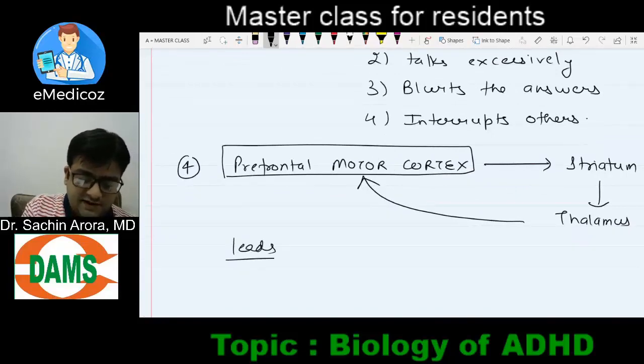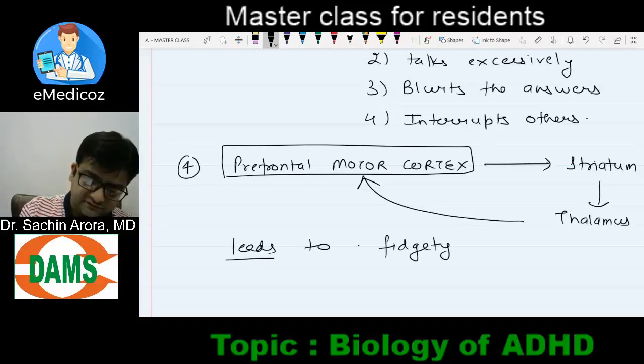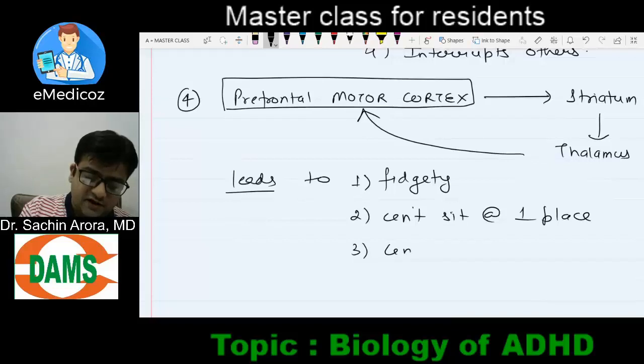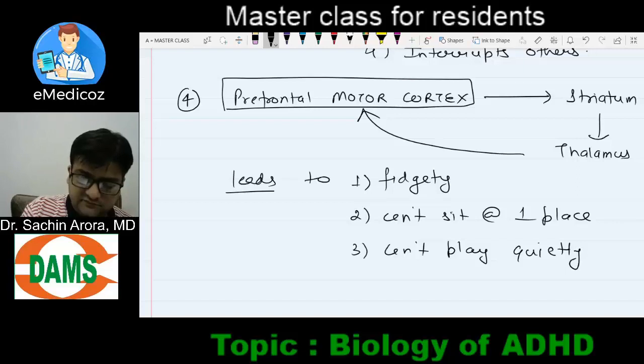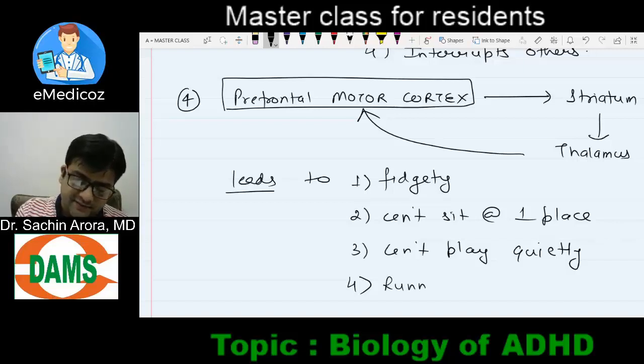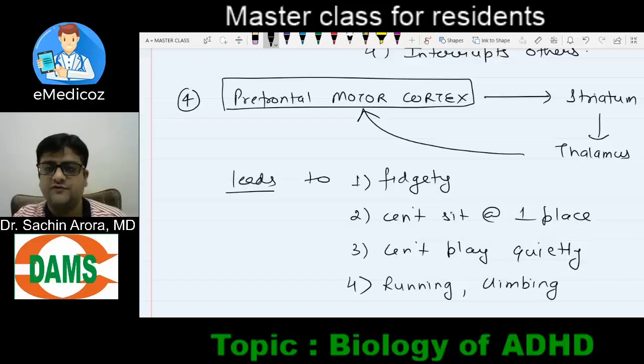This loop leads to symptoms of fidgetiness, can't sit at one place, this boy can't play quietly, always running and climbing. So we have linked almost 15-20 symptoms to 4 different brain parts.